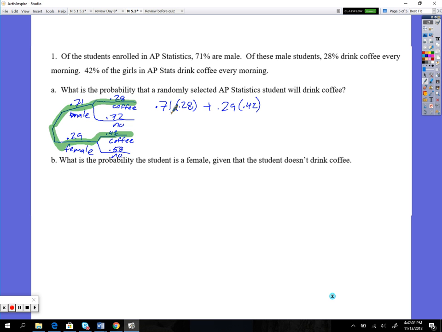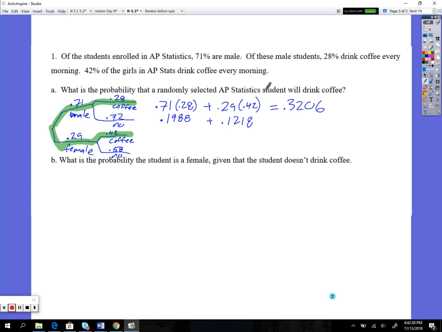So we sort of have a mix of an and an or problem in here. So when we finally add all of these together, or multiply this out and add them together, you end up getting 0.3206. Sorry, I meant to show these numbers, because they're going to come into play in the next question.